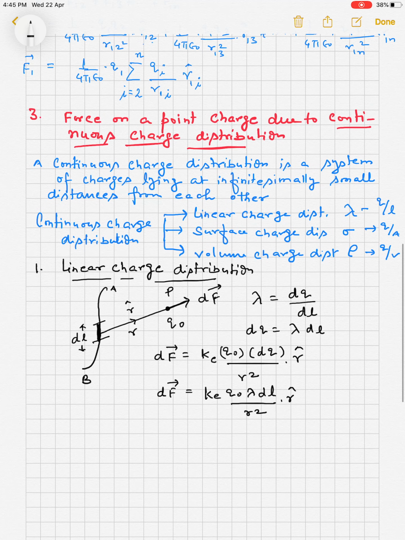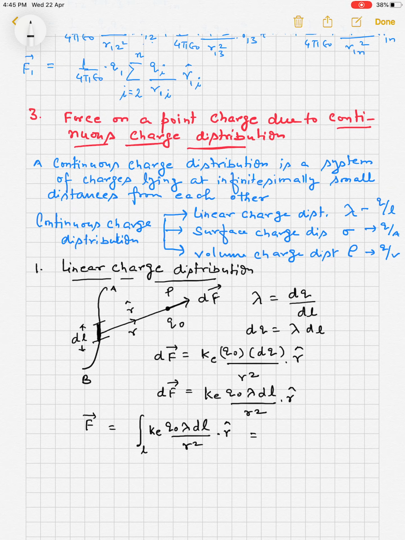Now the force due to the whole conductor. If we want to find the force, we will integrate. So the total force F will be the integration over the entire length of Ke Q naught lambda dl upon r square into r unit vector.